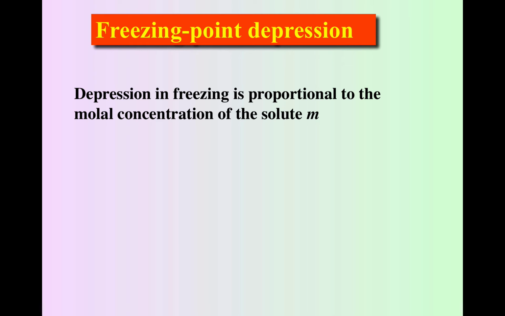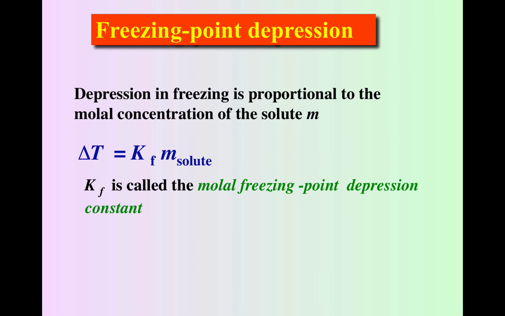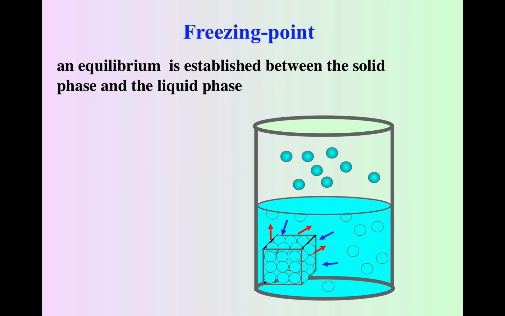Freezing point depression works the same way. The molality of the solution is directly proportional to how much you're changing the freezing point. So again, we need some sort of constant to equate freezing point change to the molality of the solution, and specifically, the solute. So it's going to be the molality of the solute multiplied by K, which is going to be equal to how much you're depressing the freezing point.